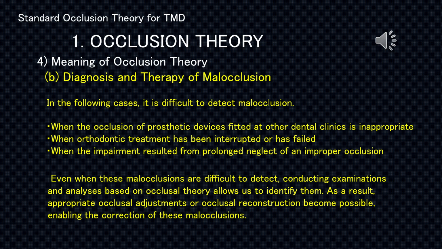When the impairment resulted from prolonged neglect of an improper occlusion. Even when these malocclusions are difficult to detect, conducting examinations and analyses based on occlusal theory allows us to identify them. As a result, appropriate occlusal adjustments or occlusal reconstruction become possible, enabling the correction of these malocclusions.